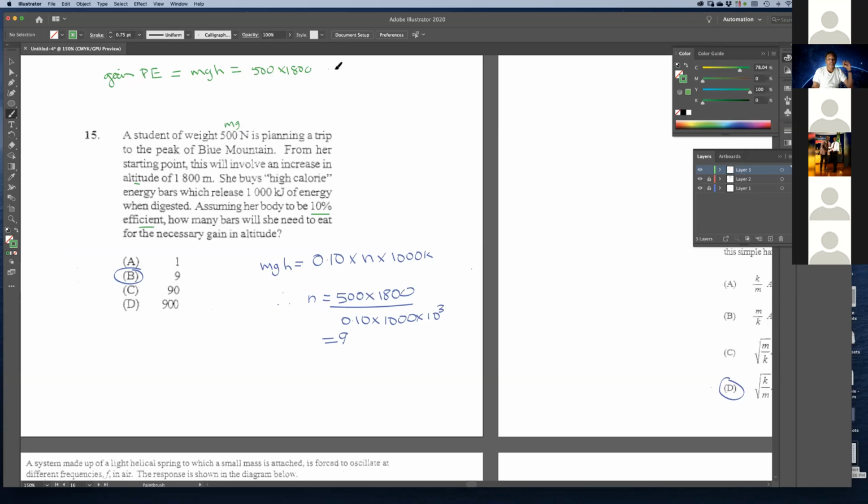Well, the energy she's getting from the food is equal to 1000 kilojoule by n, the number of bars she eats. That's how much energy she will get. If she eats n bars, the amount of energy she's going to get is 100,000 by n. No problem there.